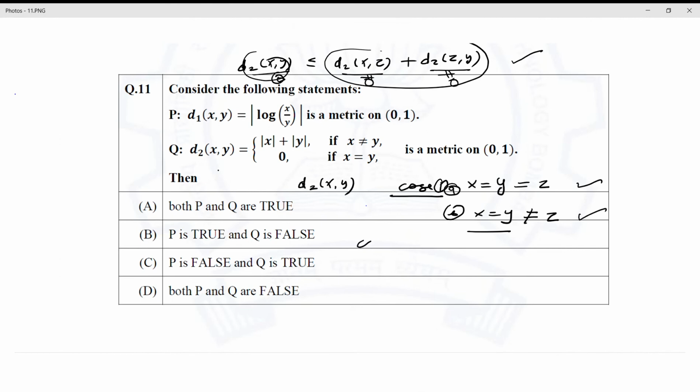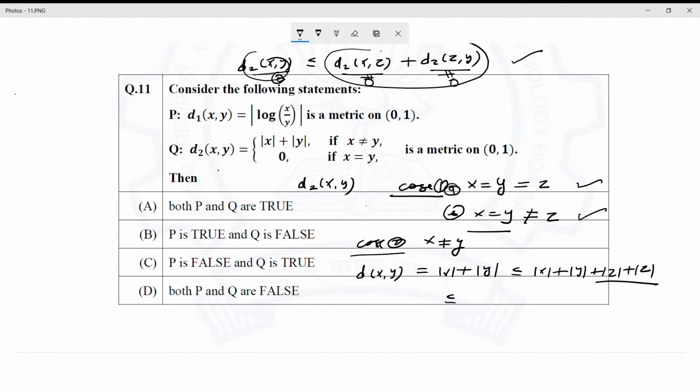Now case 2, when x is not equal to y. So if x is not equal to y, then d of x, y is equal to mod x plus mod y. So we can clearly see mod x plus mod y is less than or equal to mod x plus mod z plus mod y plus mod z, since we are adding something in this.